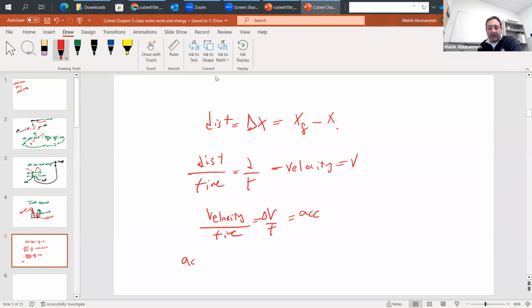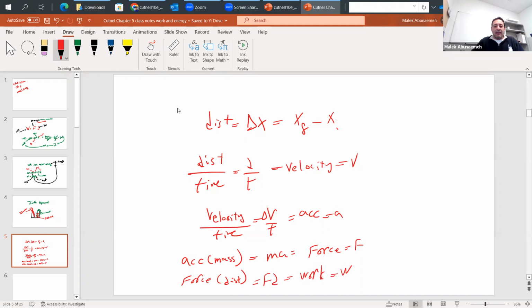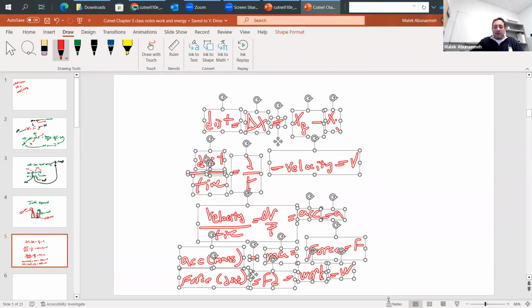Multiply that acceleration, which is letter a, times mass, which is basically ma, and you're going to get your force. You're going to multiply that force times your distance, which is your F times d, and that's what you get, your work. Now, in order to do work, what do you need?